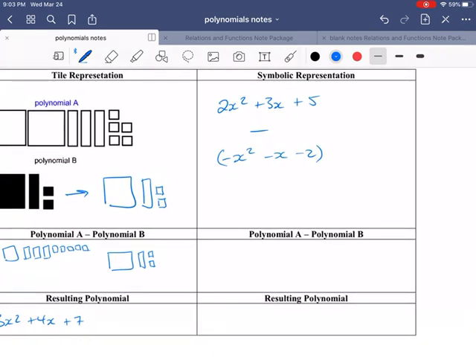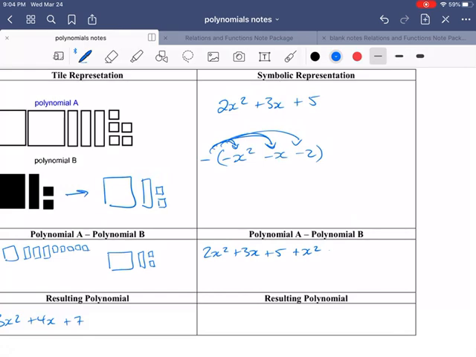And let's do the symbolic representation of this. So if we are subtracting this set, we're going to distribute this negative to all parts. So polynomial a stays the same. We haven't done anything with it. 2x squared plus 3x plus 5. The second set of polynomials here, however, because we're distributing this negative, that becomes plus x squared.